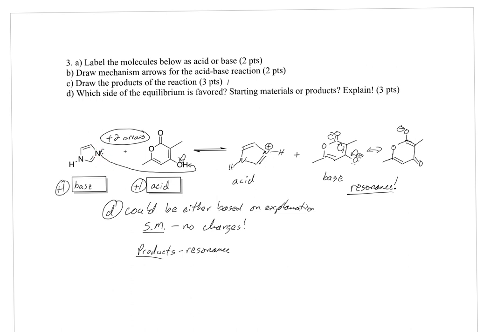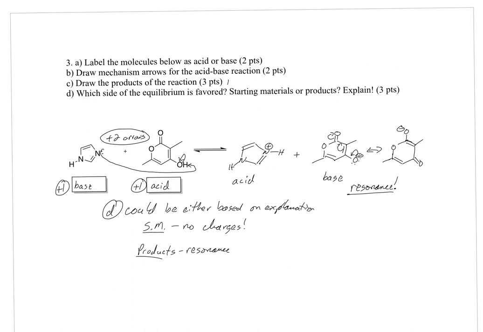This lone pair is in an sp2 hybridized orbital. So it's more reactive because it's not doing any resonance, and it's not doing resonance in an aromatic ring either. So this is the best base, and this is the most polar bond to hydrogen. So they deprotonate. And then of course make sure you have your arrows right, and then draw the two products.